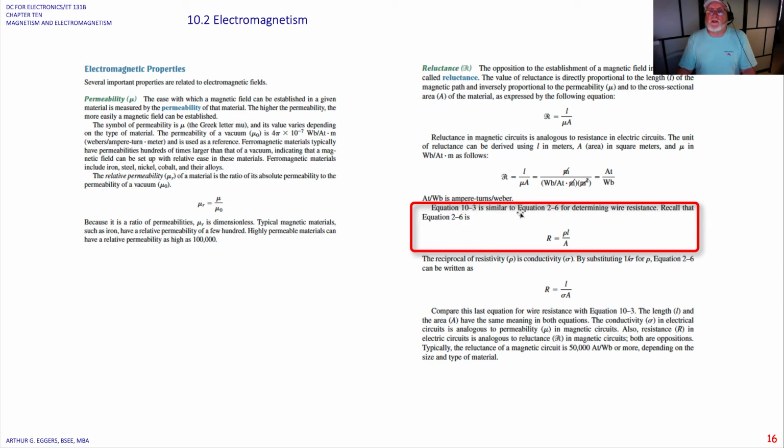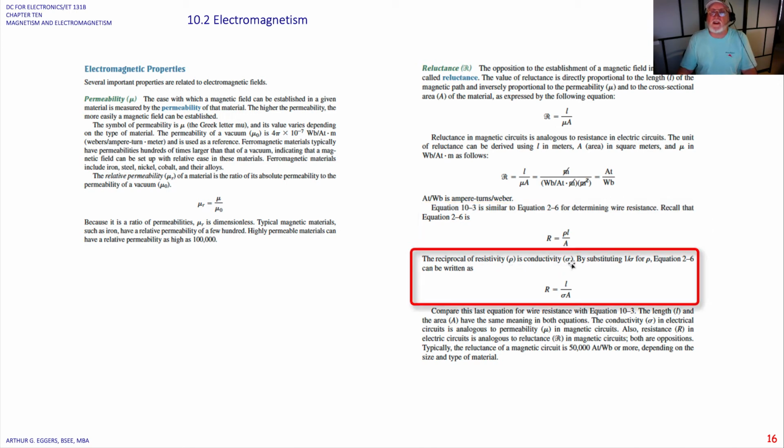So similar to equation 2, the resistance of a wire, where the resistance is equal to rho L by the area, in this case the reciprocal of resistivity, rho, is conductivity, sigma. That's the little letter for sigma.